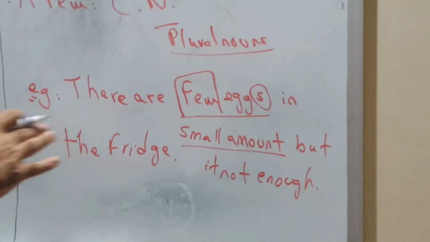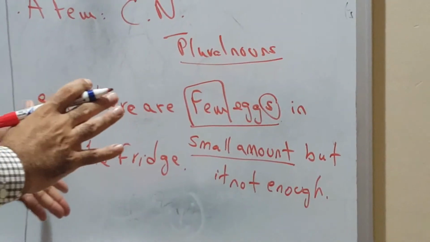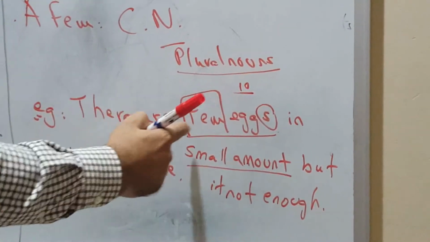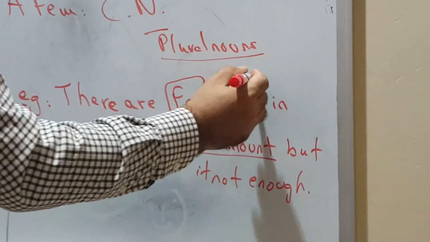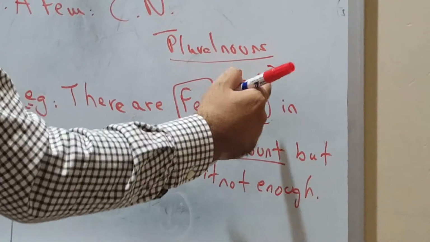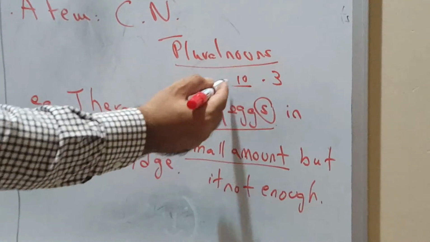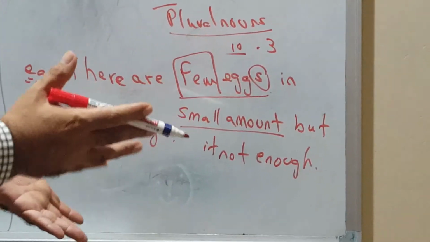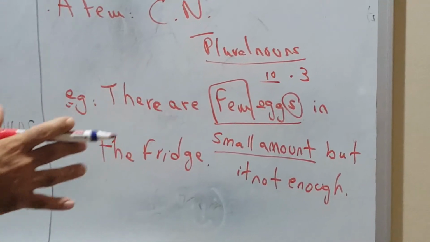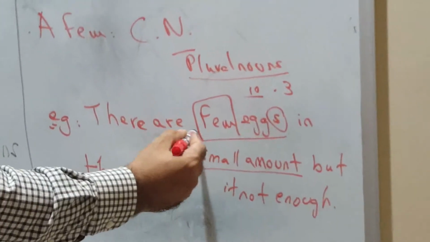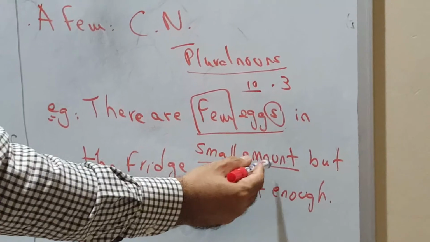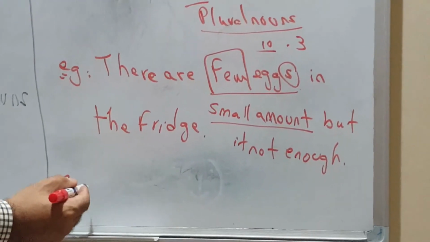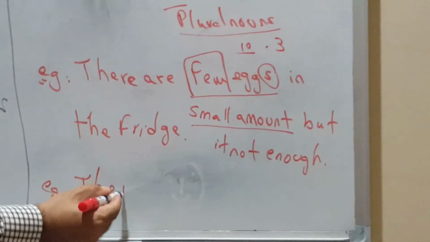That is, in the context of this sentence, I need actually 10 eggs. But here we have few eggs, that is almost we have 3. 3 is not enough for me to do what I want actually to do if I want to make a cake or something like that. And the meaning of few is that it is a small amount and it is not enough.